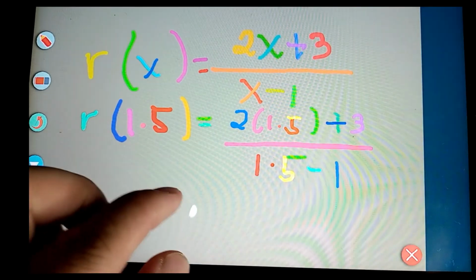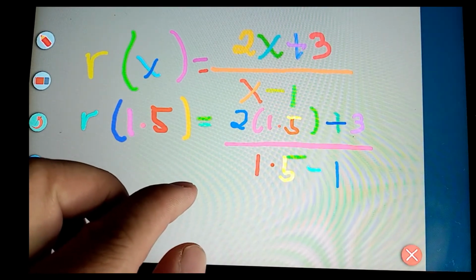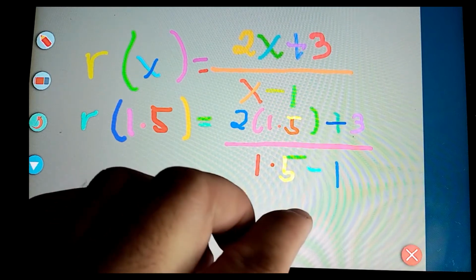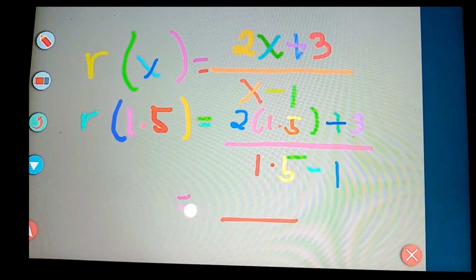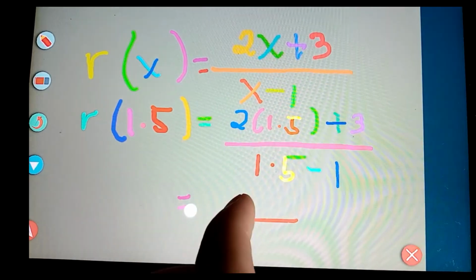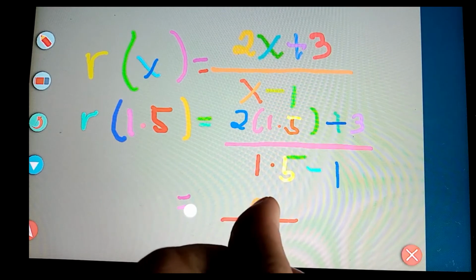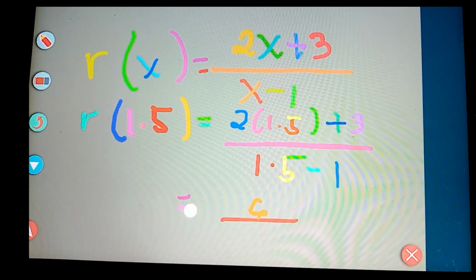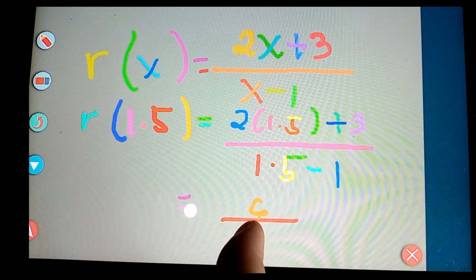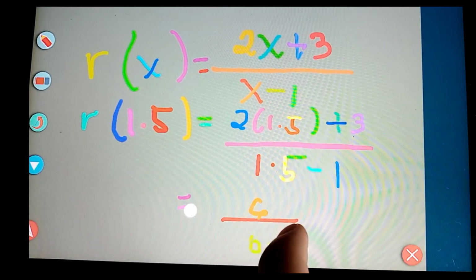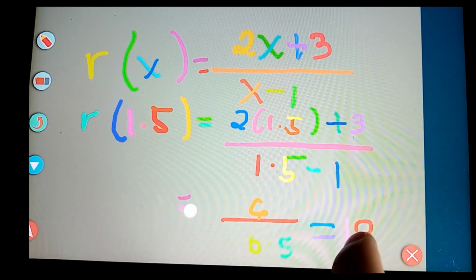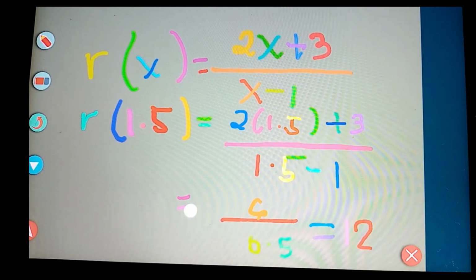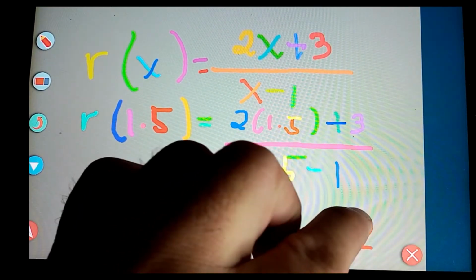Simplifying, 2 times 1.5 plus 3 is equal to 6. 1.5 minus 1 is 0.5, and 6 divided by 0.5 is 12.